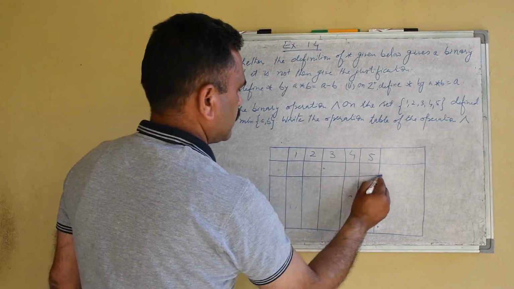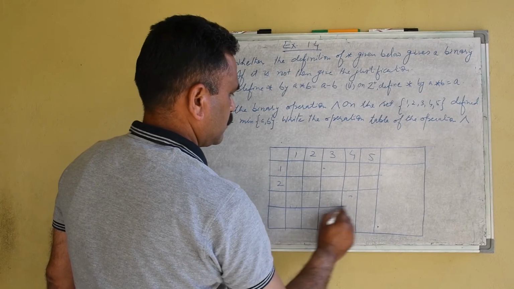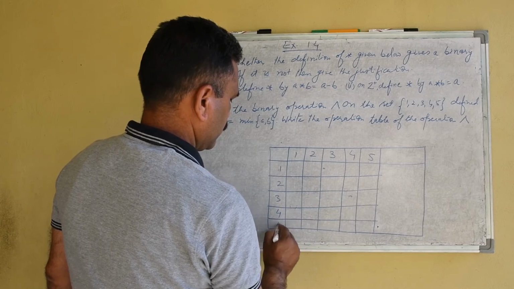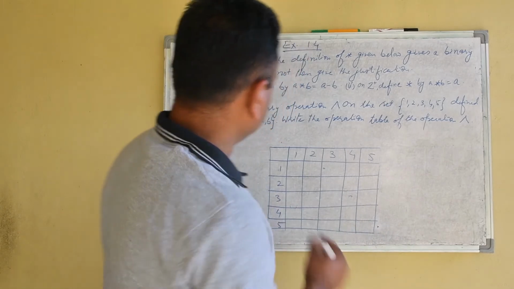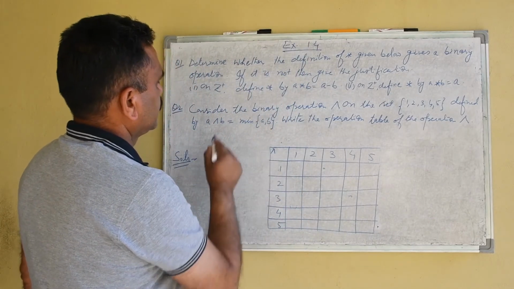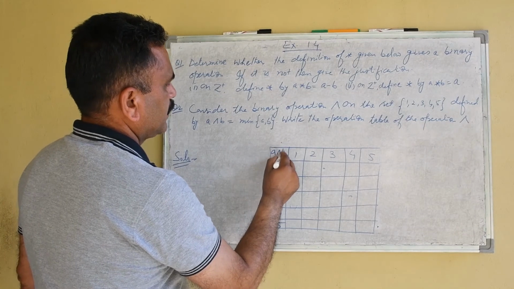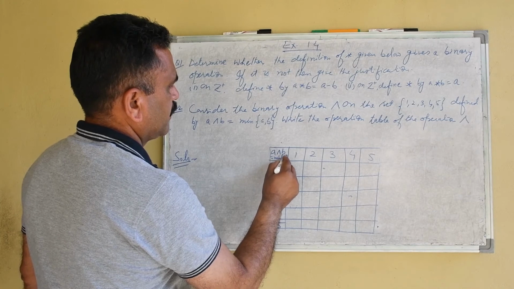Similarly, 1, 2, 3, 4, 5 along the side. So, what is a cap b? That is the min of a and b.